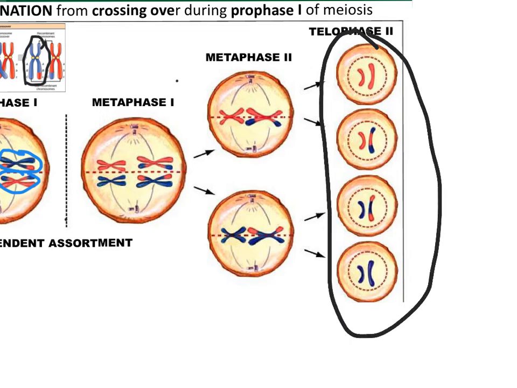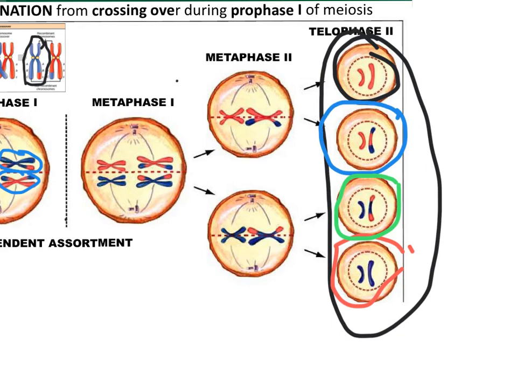Here you have a gamete on top with mainly maternal chromosomes. Here you also have a gamete on the very bottom with mainly paternal chromosomes. And then here in the middle, you have 2 maternal chromosomes with some paternal chromosomes mixed in, or mostly paternal chromosomes with maternal chromosomes mixed in.